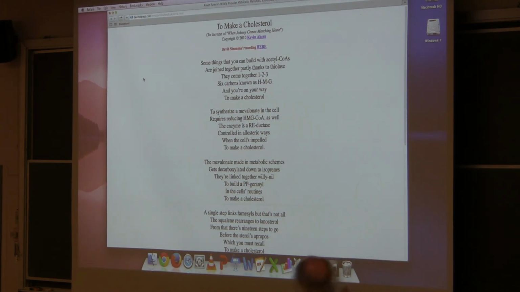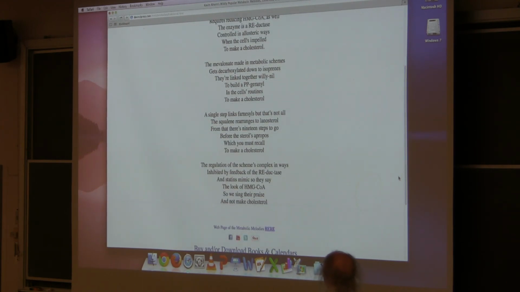Some things that you can build with acetyl-CoAs are joined together partly thanks to thiolase. They come together, 1, 2, 3, 6 carbons known as HMG, and you're on your way to make a cholesterol. To synthesize a mevalonate in the cell requires reducing HMG-CoA as well. The enzyme is a reductase controlled in allosteric ways when the cell's impelled to make a cholesterol. The mevalonate made in metabolic schemes gets decarboxylated down to isoprenes.